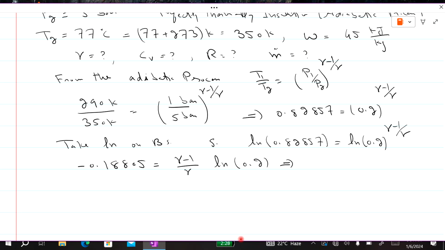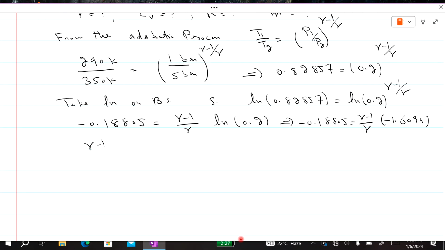So minus 0.18805 is equal to gamma minus 1 divided by gamma times natural log of 0.2, which is minus 1.6094. Simplifying, gamma minus 1 divided by gamma is equal to 0.116844.